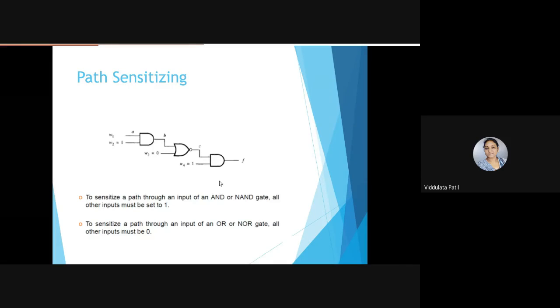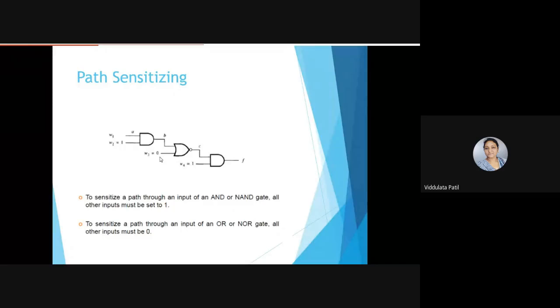And if we are sensitizing a path through an input of an OR gate or NOR gate, in that case we have to keep all the other inputs at the 0 logic level. So you have to remember, whenever you want to activate a path from any of the input terminals, for AND and NAND you keep the other inputs at 1 logic level, and for OR and NOR you keep them at 0 logic level.